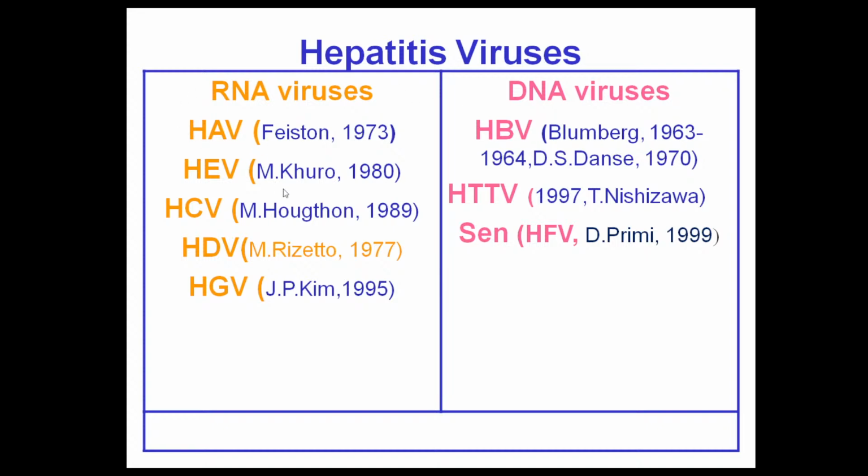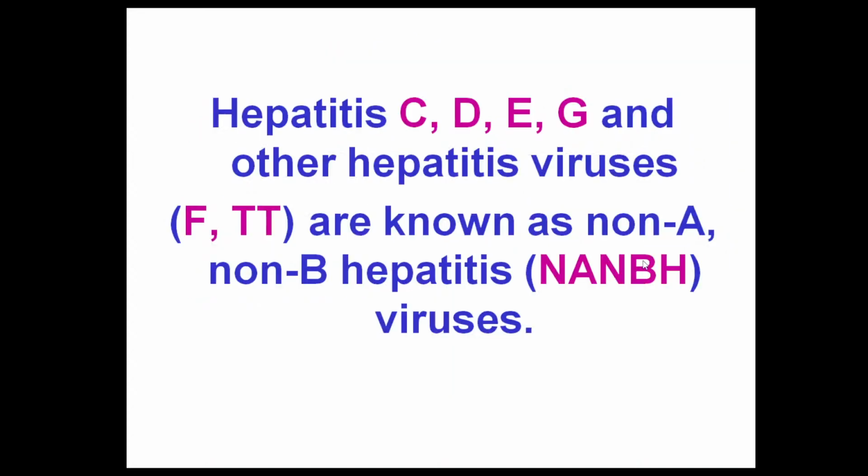Then hepatitis D virus was discovered in 1977. Then HEV in 1980. And then we've got the hepatitis C virus, TTV, the hepatitis G virus, and the last one, hepatitis F virus. That's still speculated, what kind of virus this is, so we won't discuss it so much.